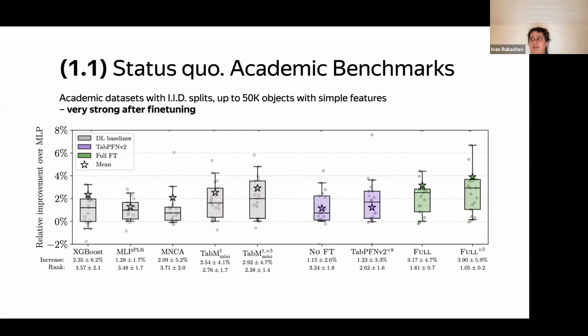I do think that focusing on smaller datasets is actually important and kind of overlooked when talking about extensions and talking about TabPFN. There are lots of applications, I think, in science, in interpretability and so on.